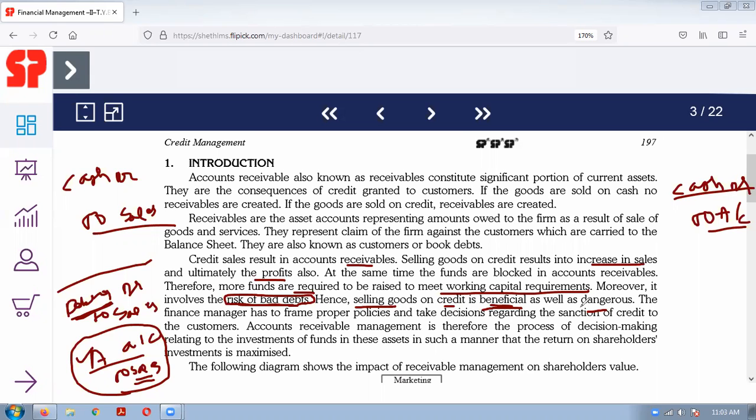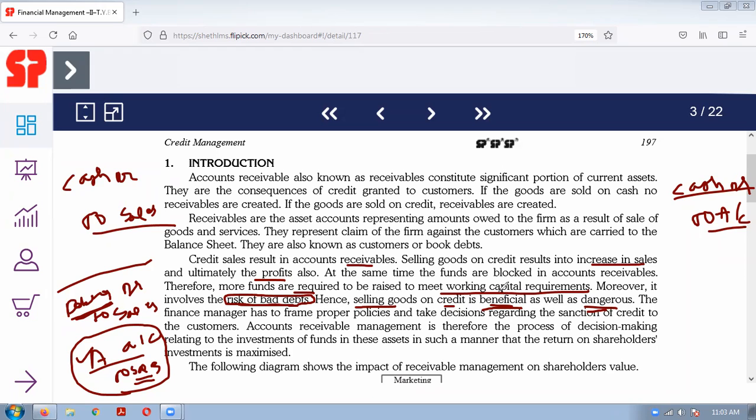But the danger or risk, the disadvantage, is that more working capital will be required. So you will be required to take overdraft facility from the bank, and on that you will have to pay interest. This is one of the disadvantages of credit sales, because you are not getting money from the sales immediately.